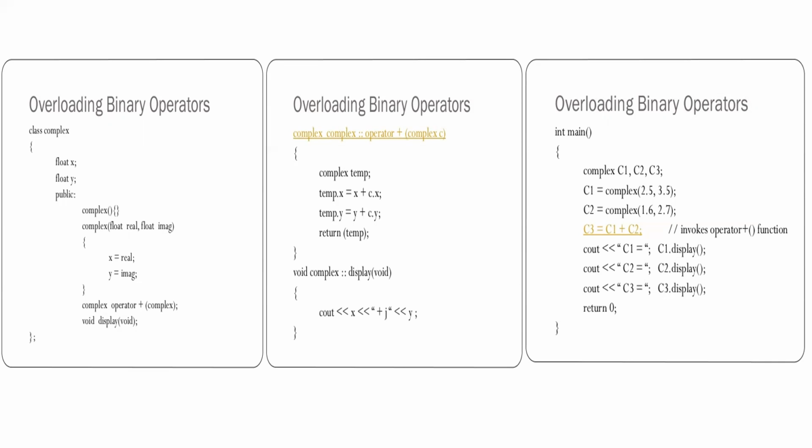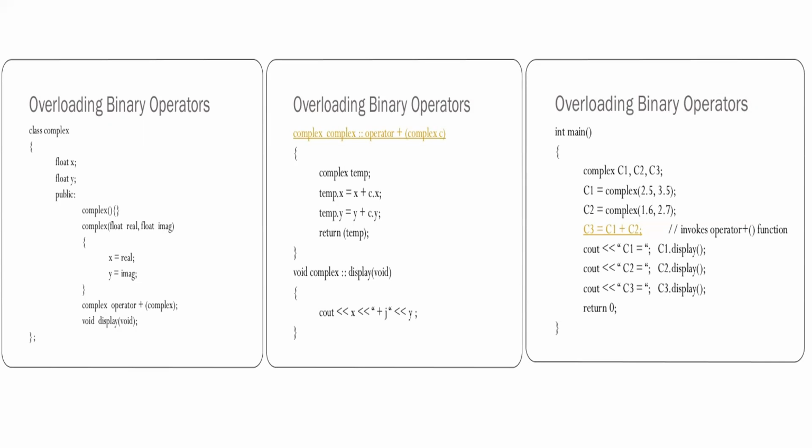So we cannot add a real with an imaginary part and imaginary part with the real part. The imaginary has to be added with the imaginary part, the real has to be added with the real part, like the addition of hours and minutes. Okay, so there also if we'll be using, that also will be overloading of the binary operators.